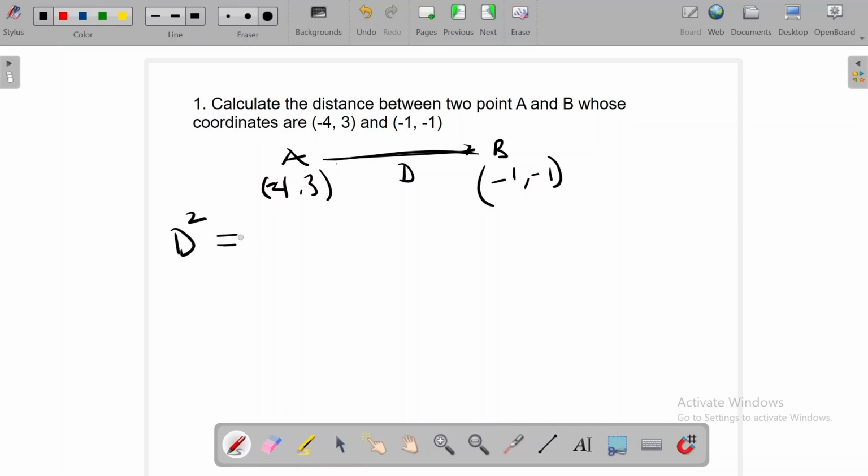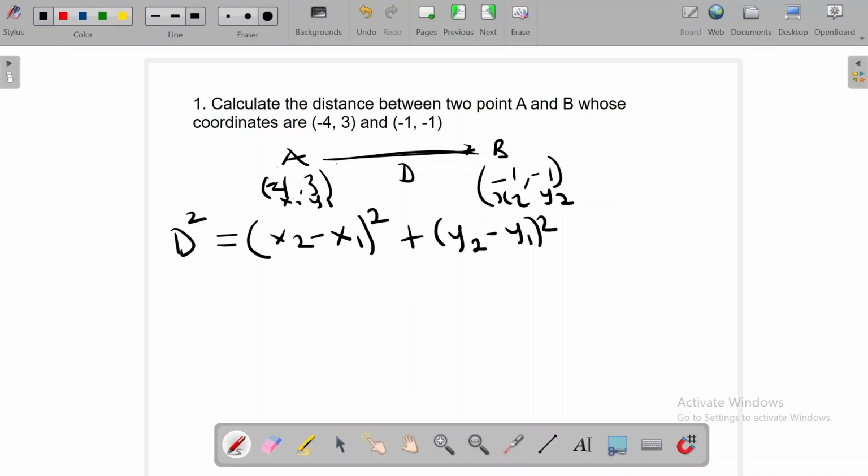d squared should be, the first value here should be the x1, y1, x2, y2. So what is x2 minus x1, all squared, plus y2 minus y1, all squared.